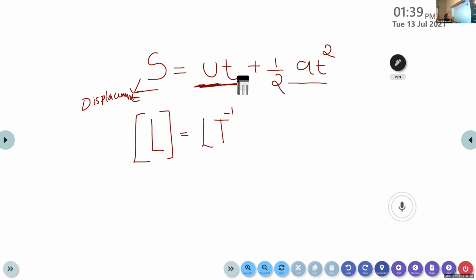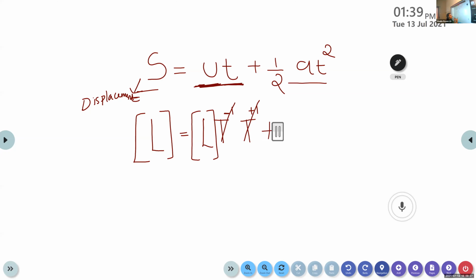So it becomes L t raised to minus 1 into t raised to plus 1. Here we know that t raised to minus 1 and t raised to plus 1 cancel. Minus 1 plus 1 is equal to 0. So the dimension of time cancels each other. So what is left? The dimension of length only.